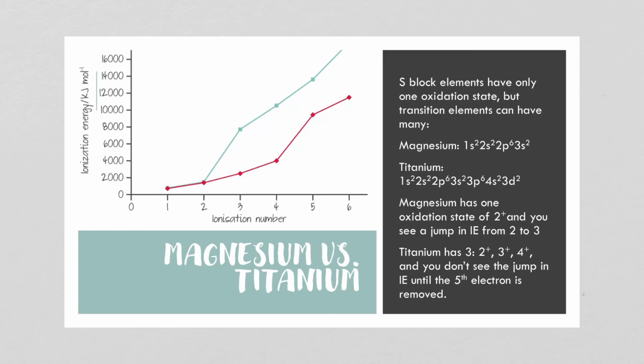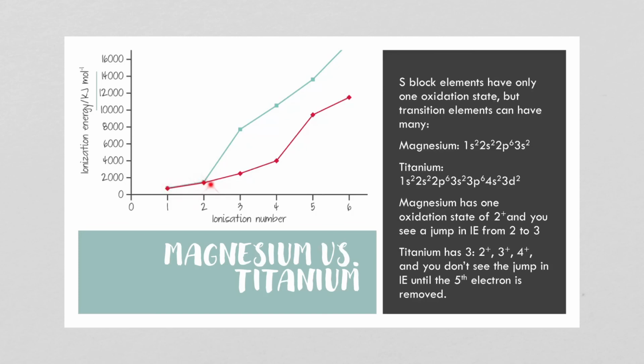But if you take a look at titanium, it has 3 oxidation states, 2 plus, 3 plus, and 4 plus, so you don't see that jump in energy until the 5th electron is removed. With magnesium, the first 2 are relatively easy, but then it's harder after that because it only has that 1 oxidation state.